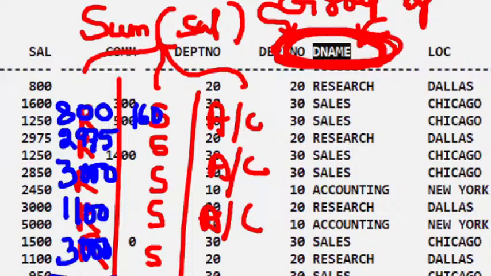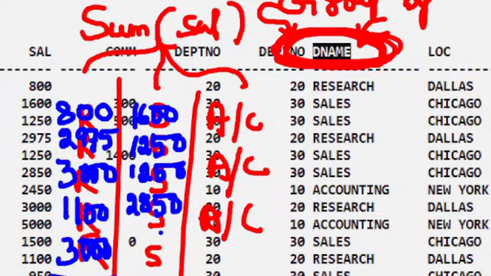1600. Second sales, 1250. Third sales, again 1250. Next sales, 2850. Okay. Next sales, 1500.